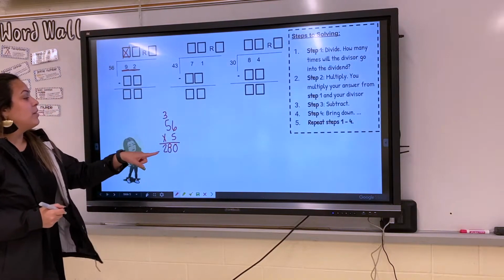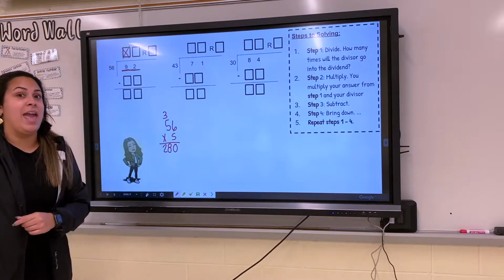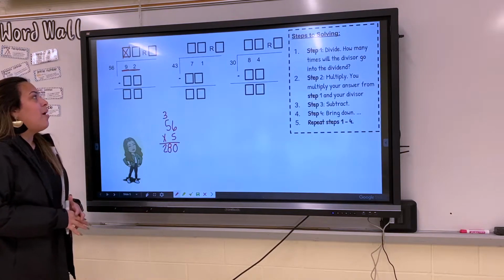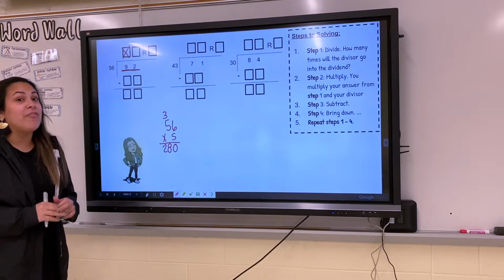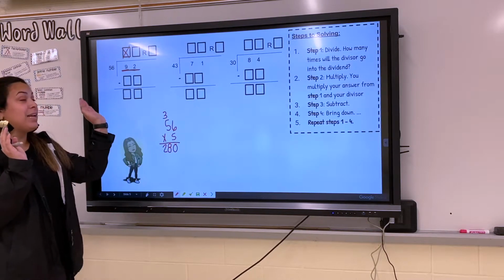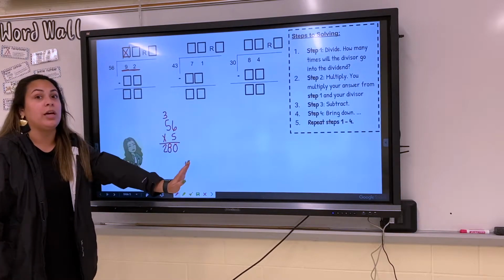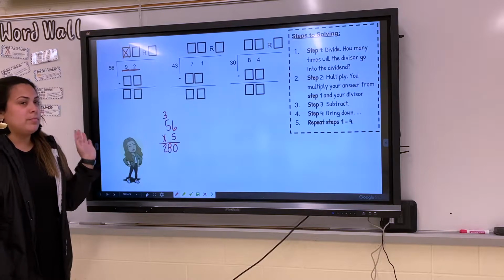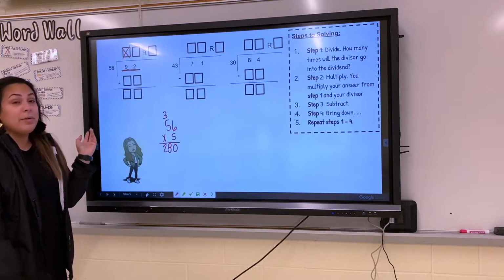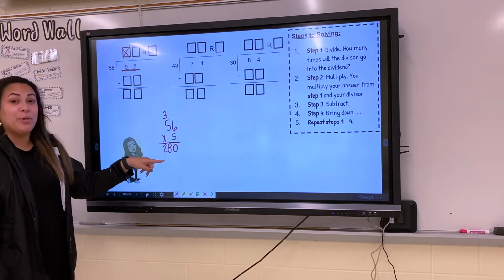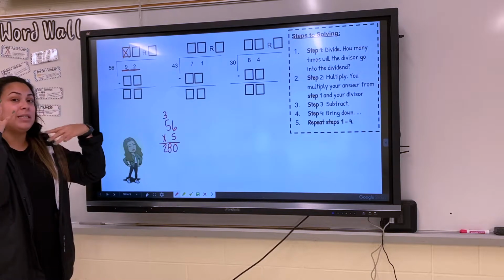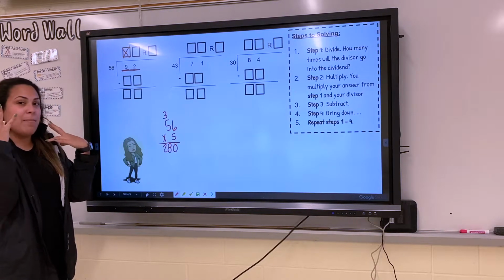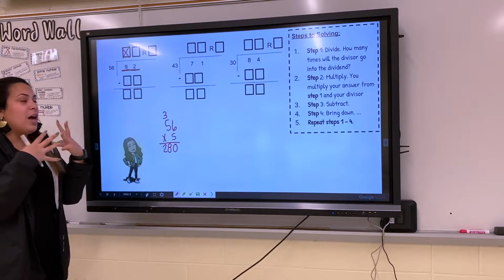Ooh, yeah, 280 is way past 92. So if 5 is already higher than 92, then I know I do not need to go higher than 5. So I need to go lower than 5. Since that's a pretty high number, I'm using my deductive reasoning skills here. I'm making educated guesses.